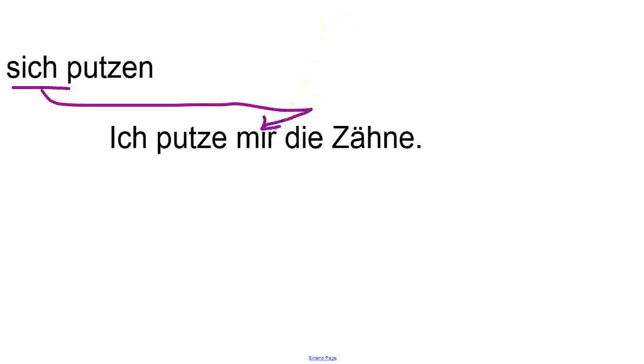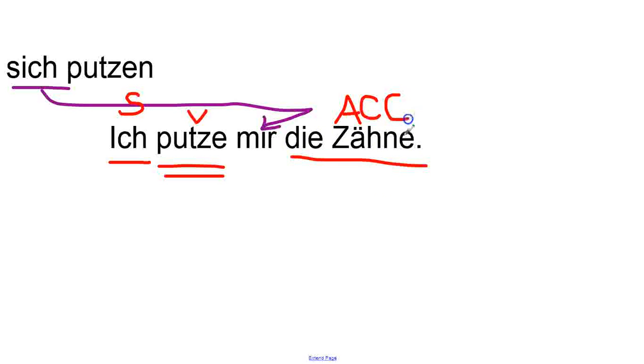And this is why. The verb is to clean. Who or what cleans? I clean. So subject, verb. I clean who or what? I clean the teeth. So this makes this direct object accusative, right? It's the direct object. I clean the teeth to whom or for whom?